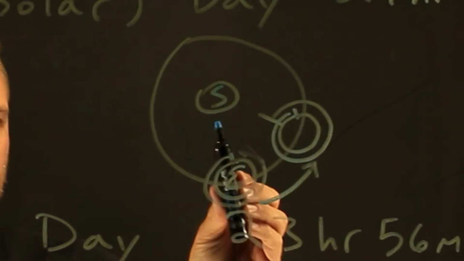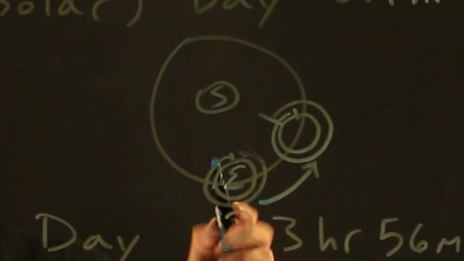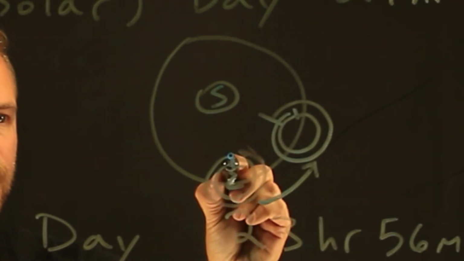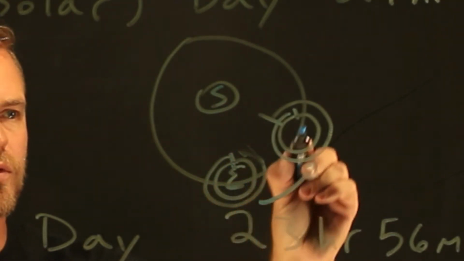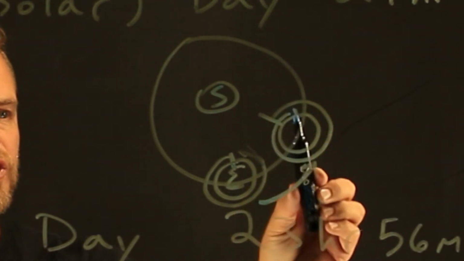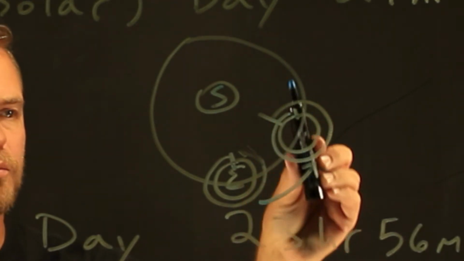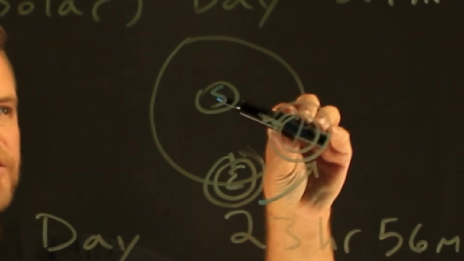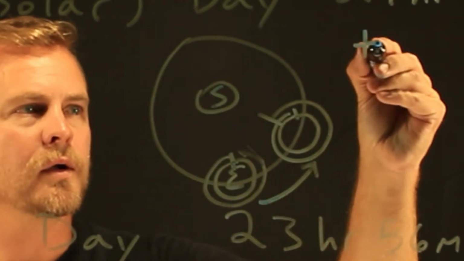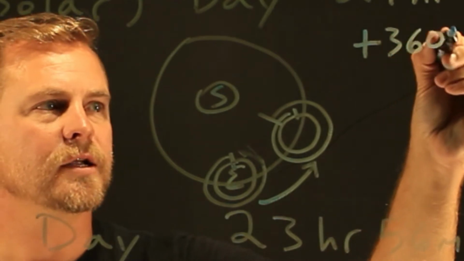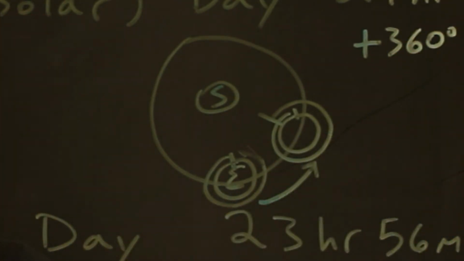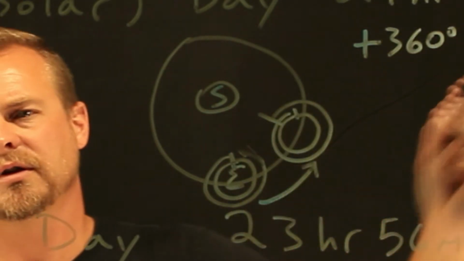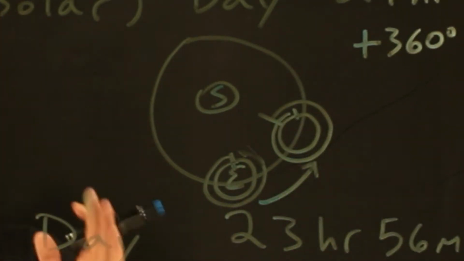So on day one I was at this part of the Earth, and then as I moved I should be looking here, but my perspective shifted, and so it's actually more than a 360-degree revolution or rotation, but it's a 24-hour period, and we can use an instrument like a sundial to mark that time.